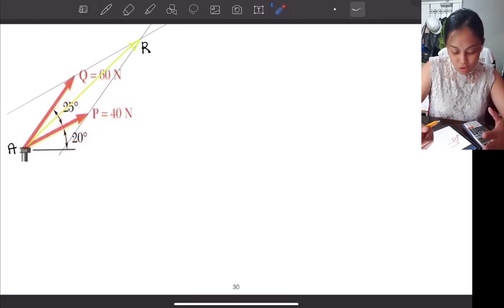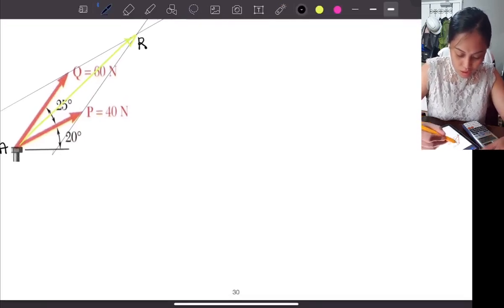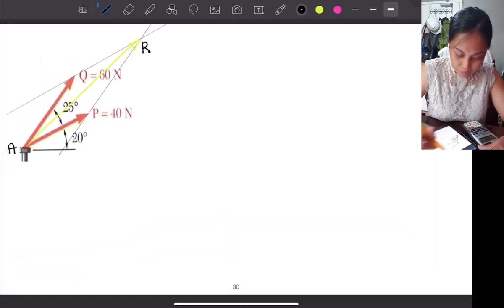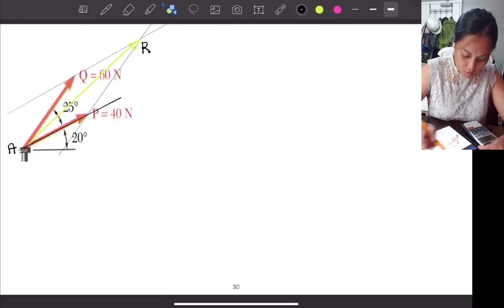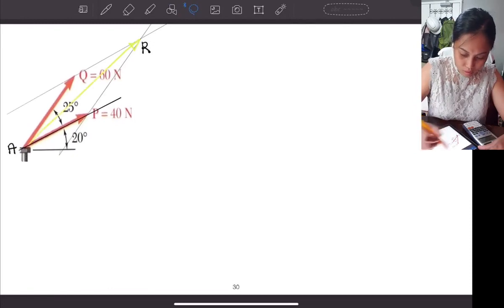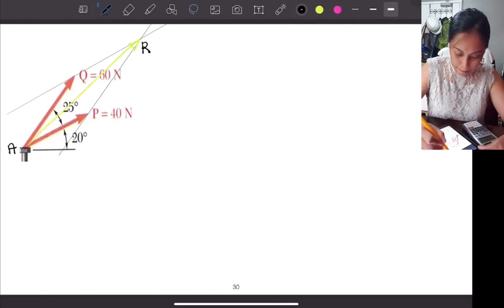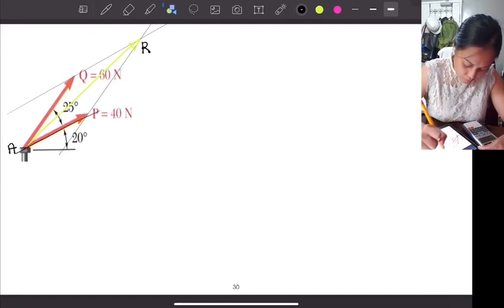We draw it using the tip-to-tail method.